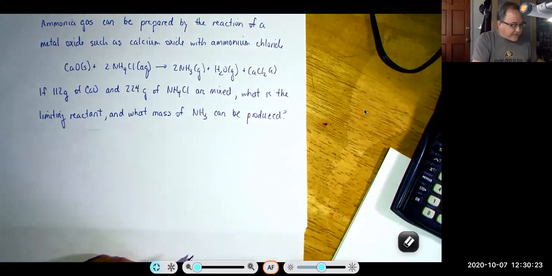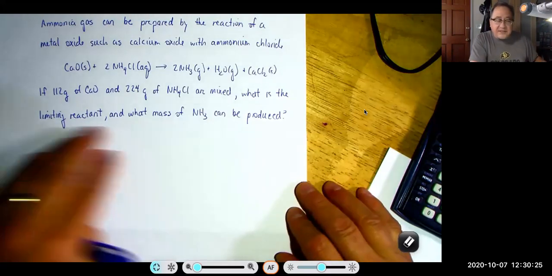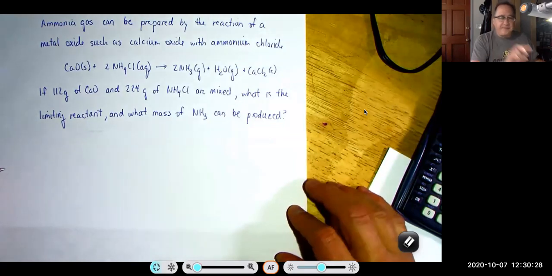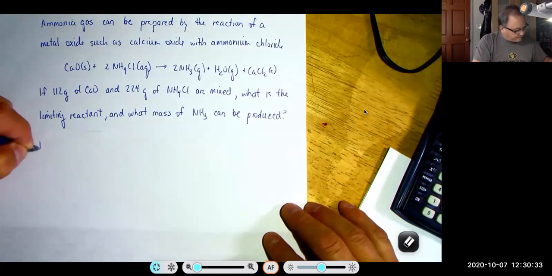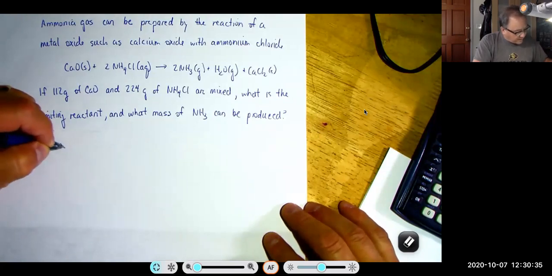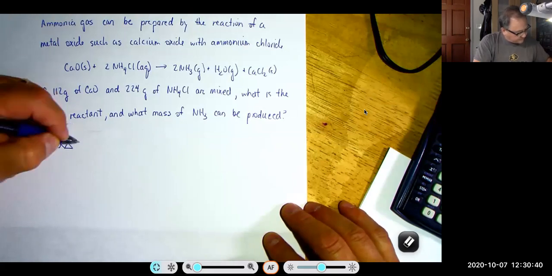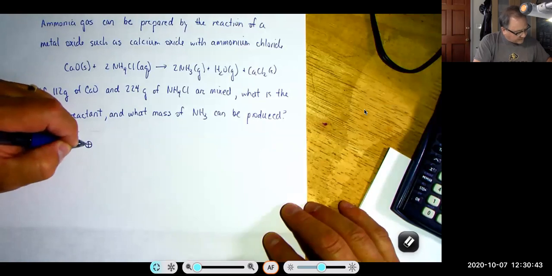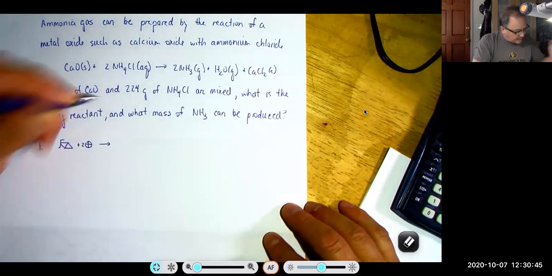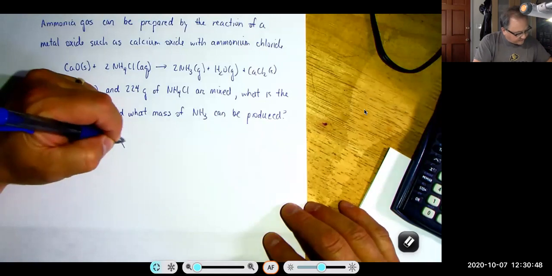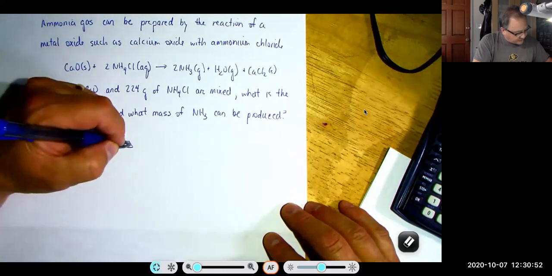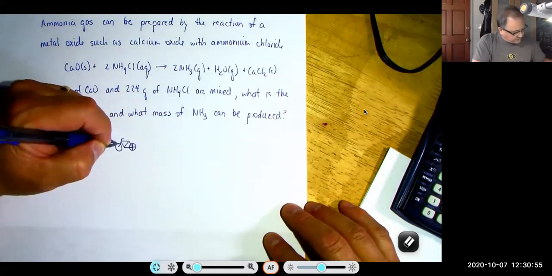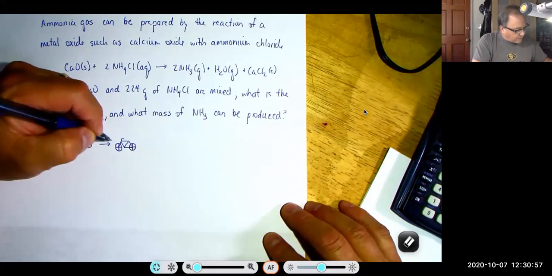Okay, so let's see how we figure out which one is limiting and which one is in excess. There are 2 ways of figuring out the limiting reactant. Here's one way. I'm going to draw my little bicycle frame here, and there's my 2 wheels. When we put them together, we get 1 bicycle.